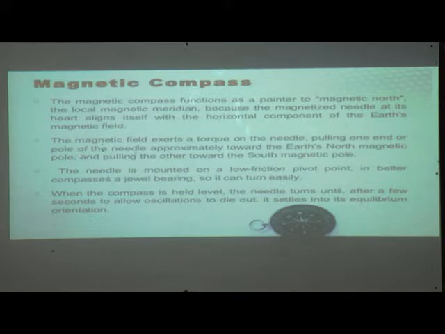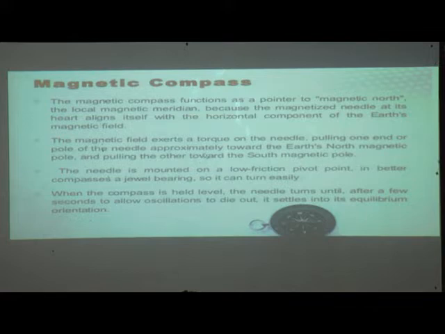The magnetic field exerts a torque on the needle, pulling one end or pole of the needle approximately towards the Earth's north magnetic pole and pulling the other towards the south magnetic pole.